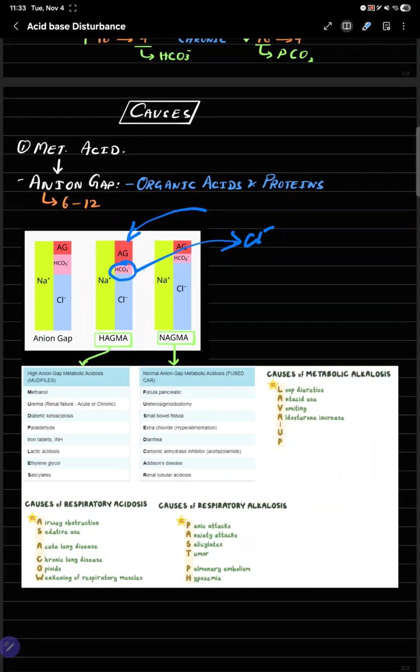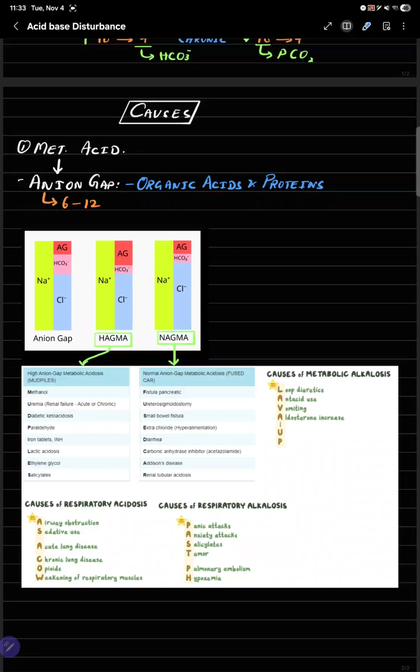Therefore, it increases the anion gap. In case of normal anion gap metabolic acidosis, the loss of bicarbonate is compensated by reabsorption of chloride. Therefore, the total anion gap remains the same. Hence, normal anion gap metabolic acidosis.